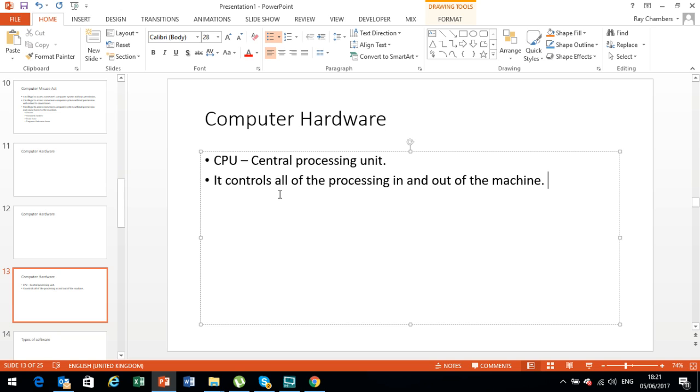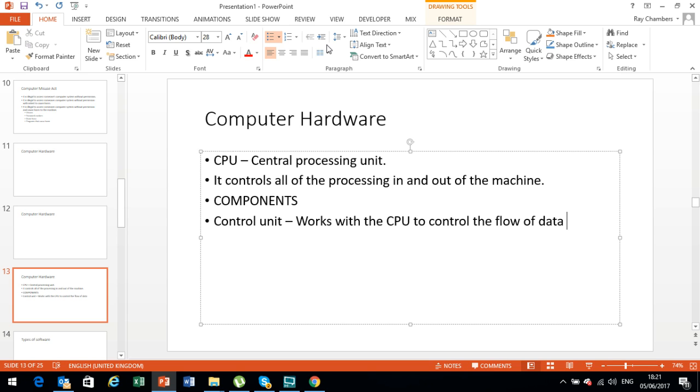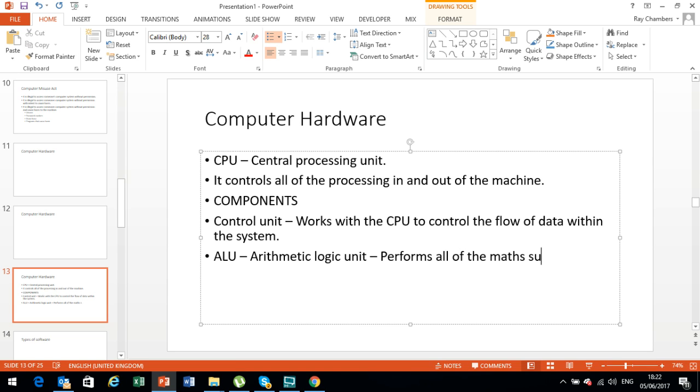The other thing that you need to be aware of is that it has components. Remember, it has the control unit, which works with the CPU to control the flow of data within the system. You have the ALU, the arithmetic logic unit. The arithmetic logic unit performs all of the maths such as add, divide, minus, multiply.